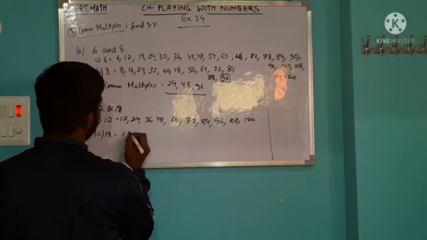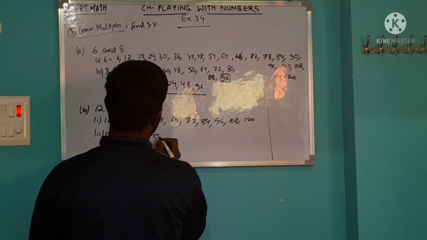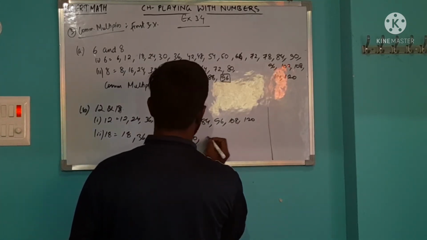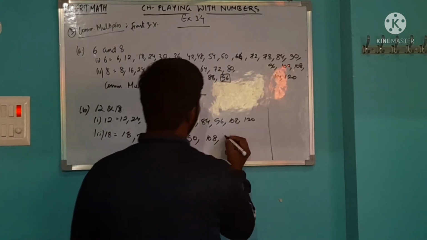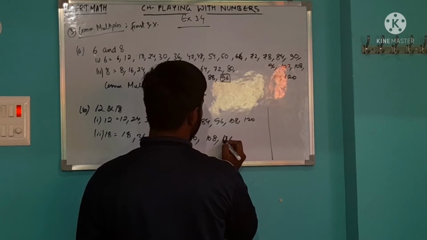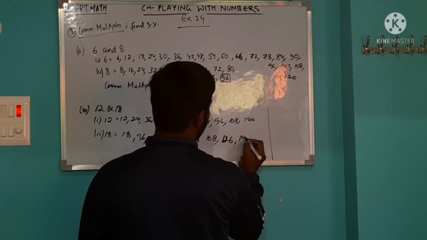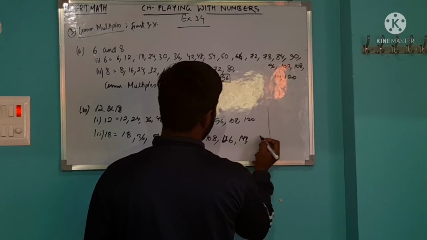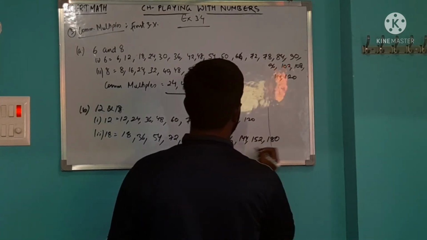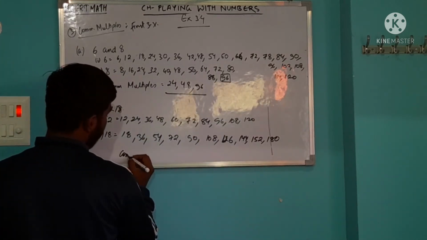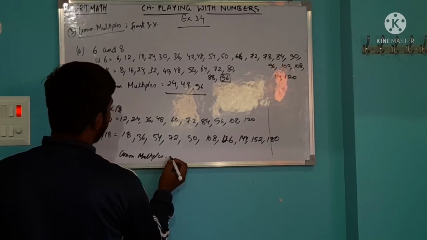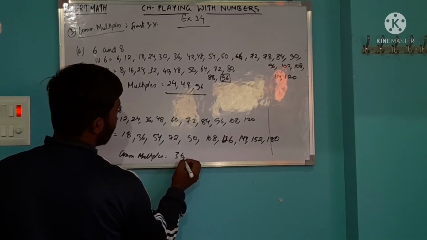For 18 we write 18, 36, 54, 72, 90, 108, 126, 144, 162, 180. So the common multiples of these two numbers: firstly we have 36.